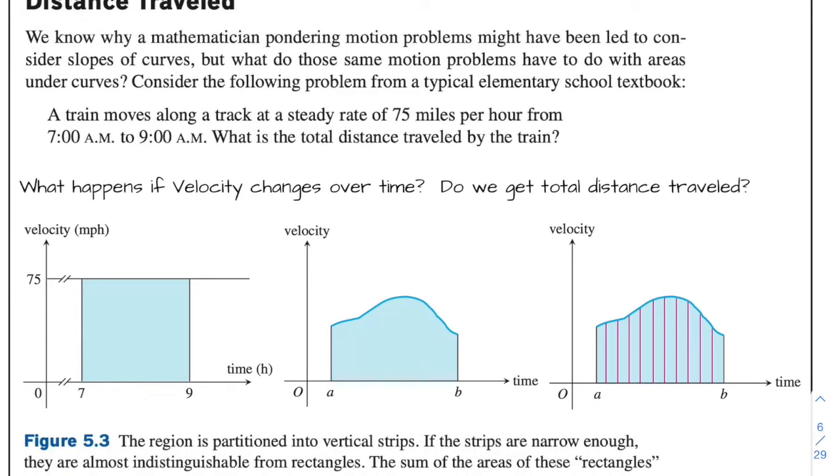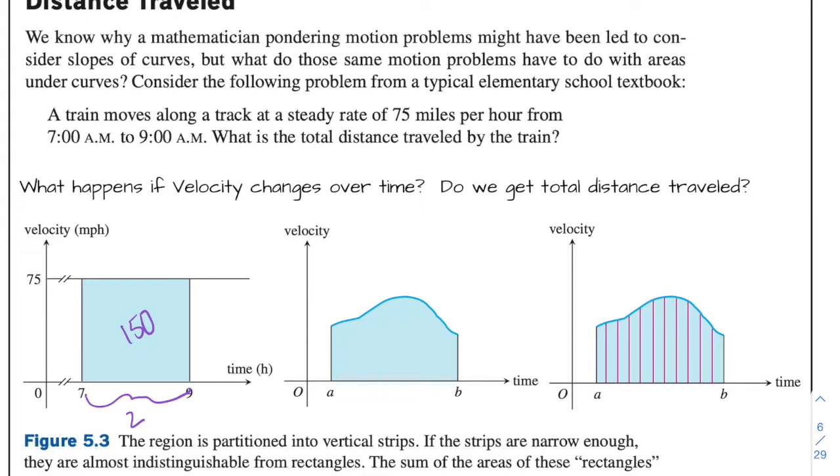Here you see our first example of distance traveled. So here you have from 7 a.m. to 9 a.m. a train traveling at a velocity of 75. So 75 times 2, because this has a difference of 2, is 150.